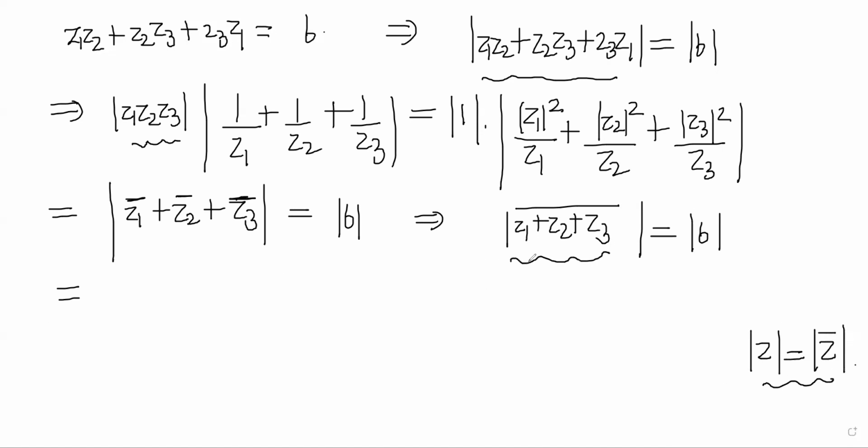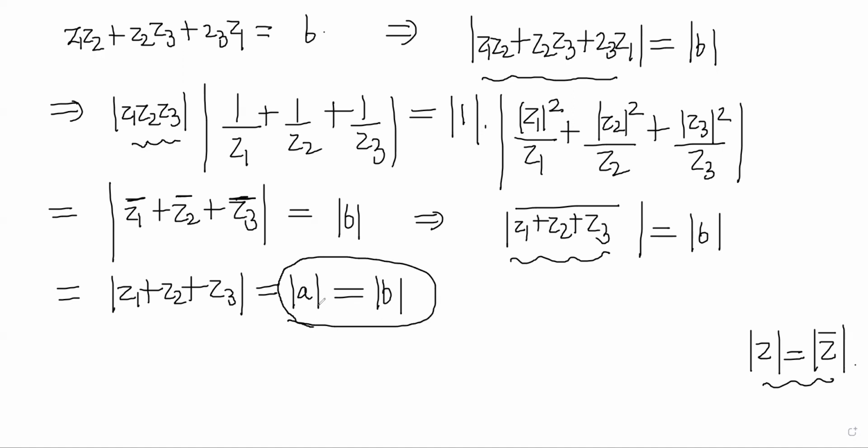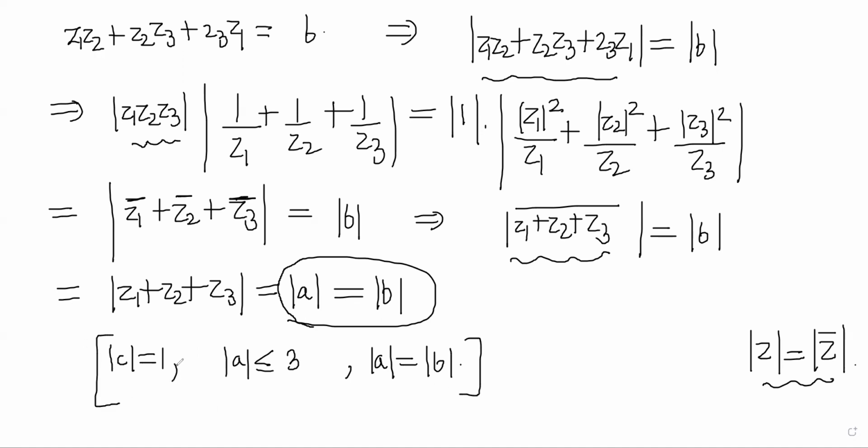So this modulus will be same as z1 plus z2 plus z3 modulus, which is equal to mod a. So we are getting mod a is equal to mod b. So far what we have gotten is that mod c is 1, mod a is less than or equal to 3, and mod a is equal to mod b. These are the results that we get by applying absolute values and Vieta's relations in equation 1, right?